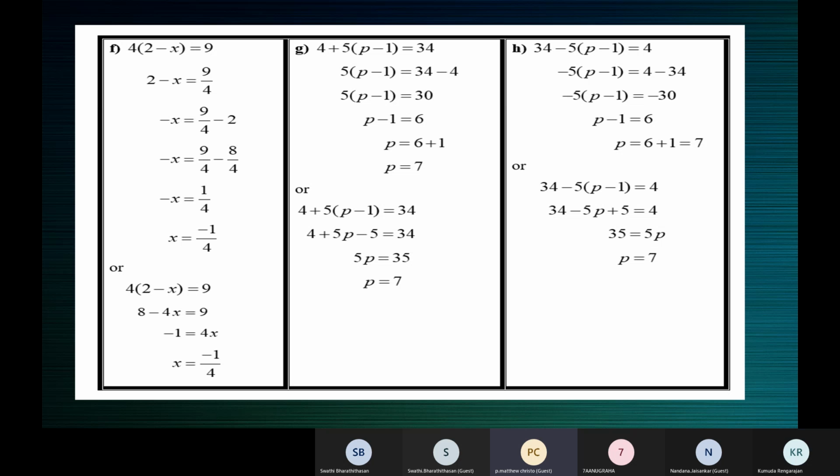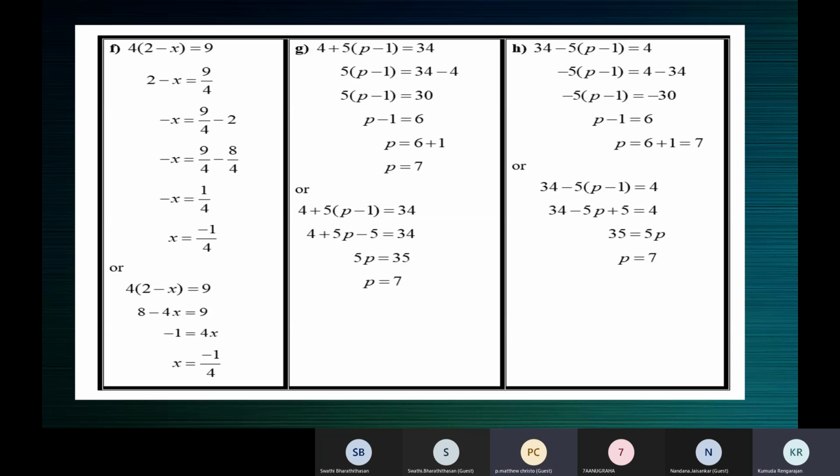Ma'am, we should transpose 34 to the RHS, ma'am. Okay. What sign does 34 carry? Positive, ma'am. Where is the sign, before the number or after the number? Before there is no sign at all, no?